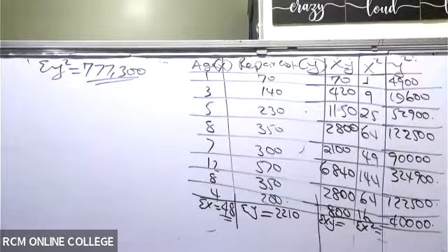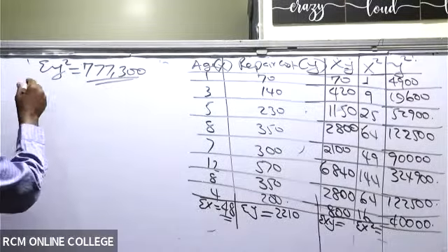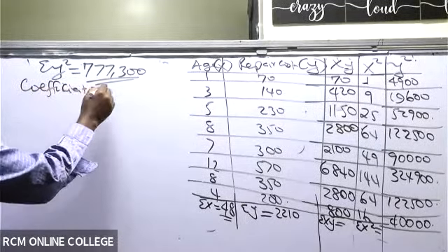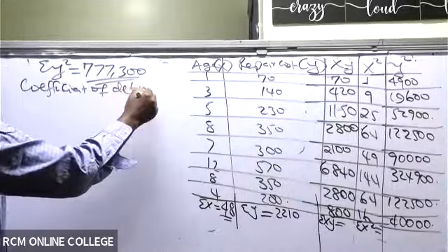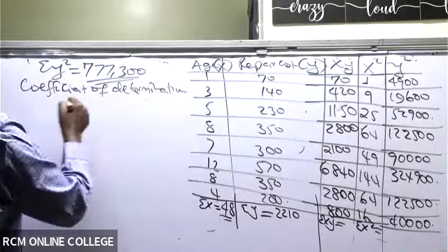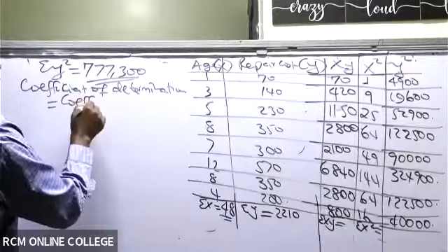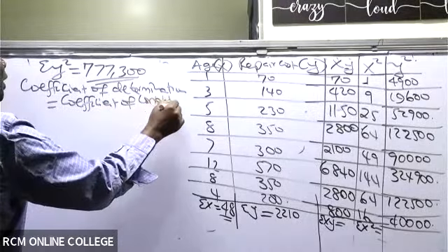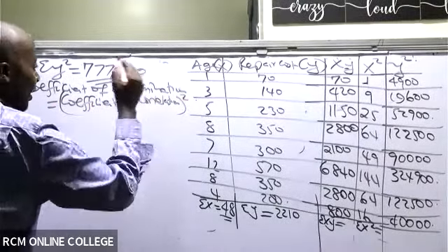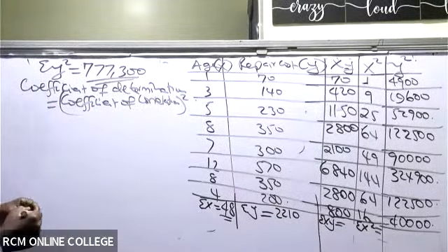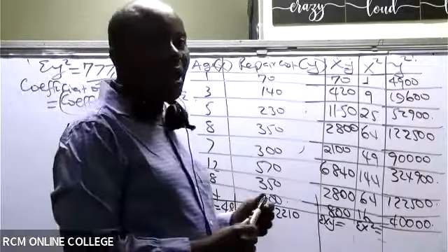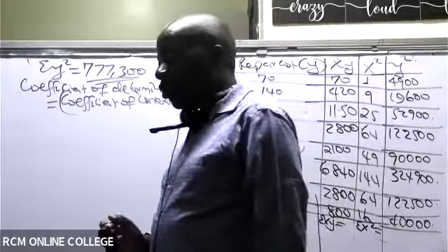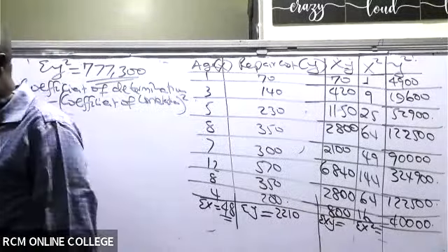So now remember the easiest way of getting the coefficient of determination. Coefficient of determination equals coefficient of correlation squared.